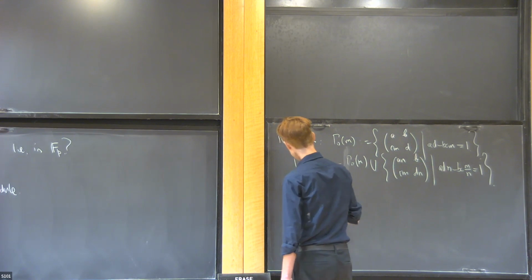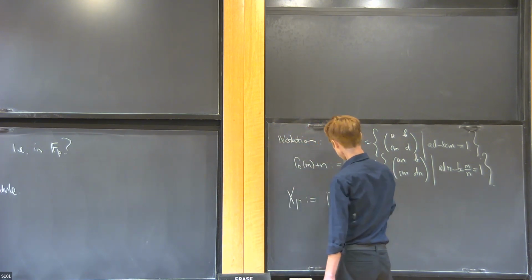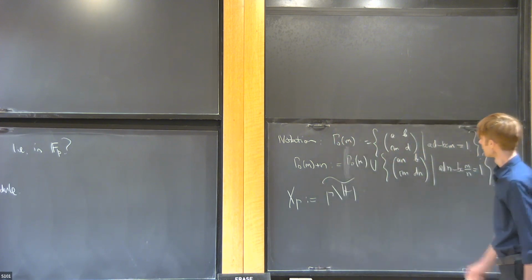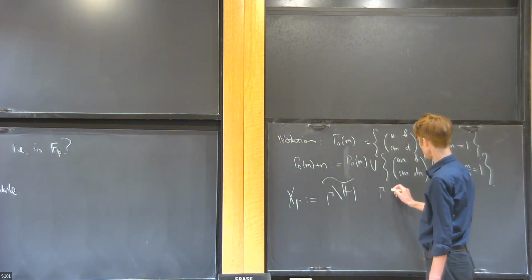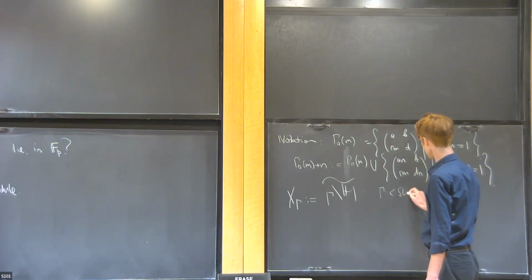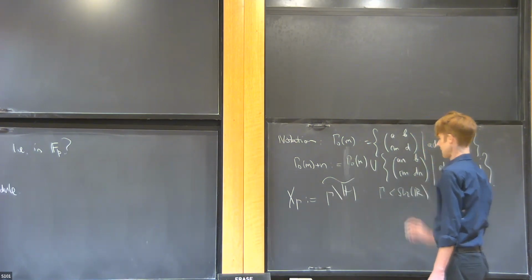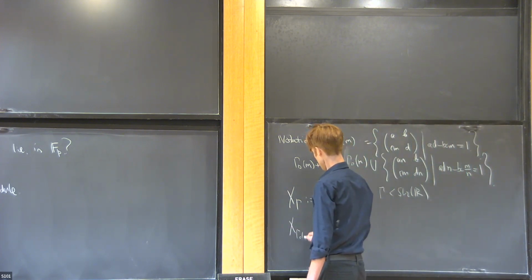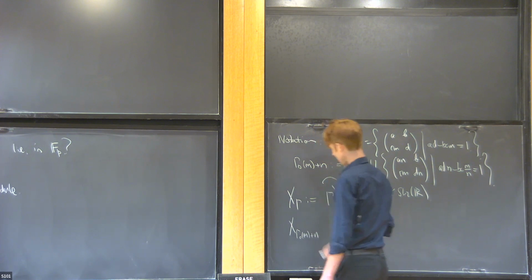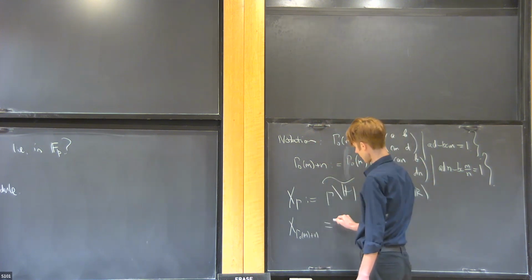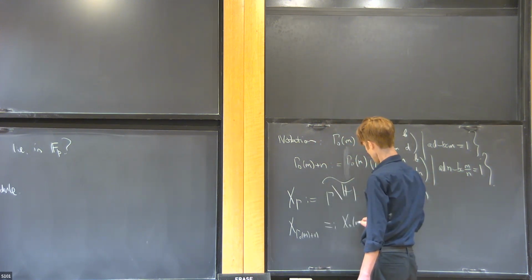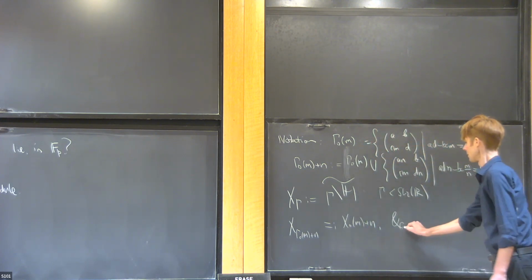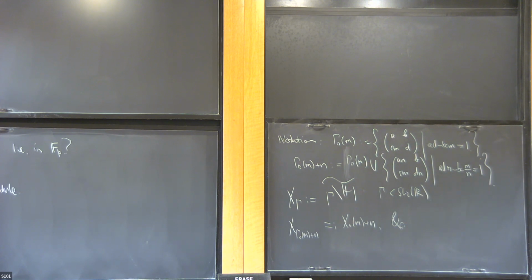So X sub gamma will be the compactified orbit space for gamma a subgroup of SL2(R). And I'll write X naught M plus N, and so on.